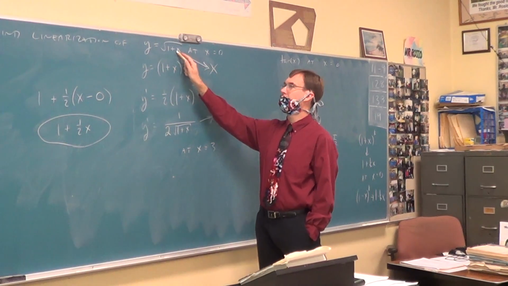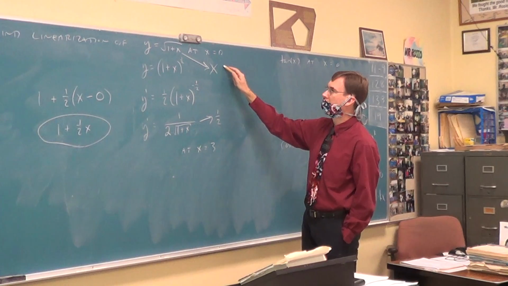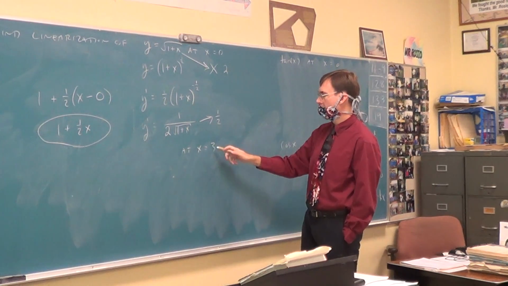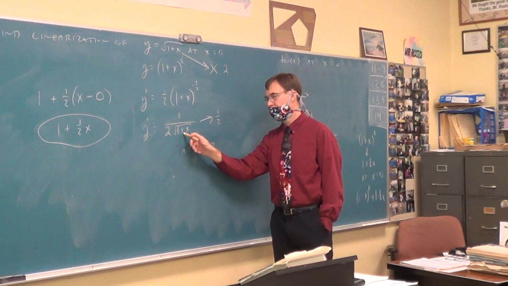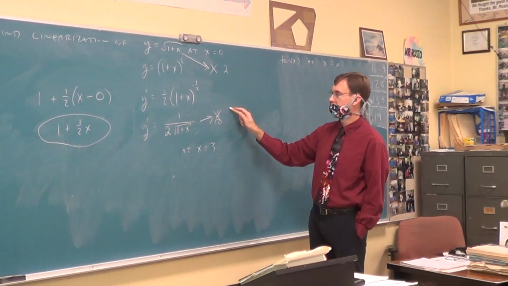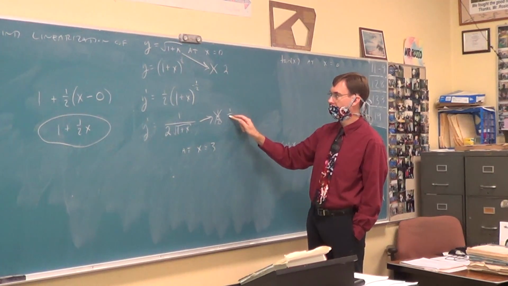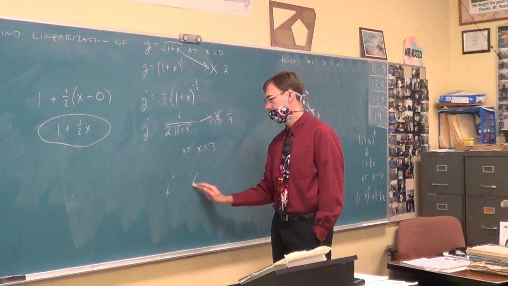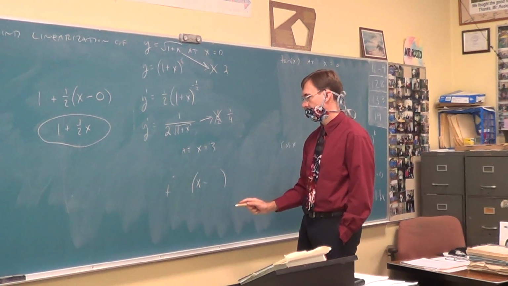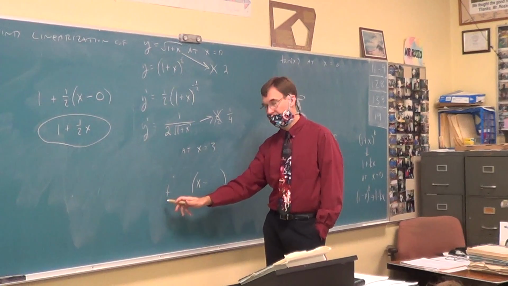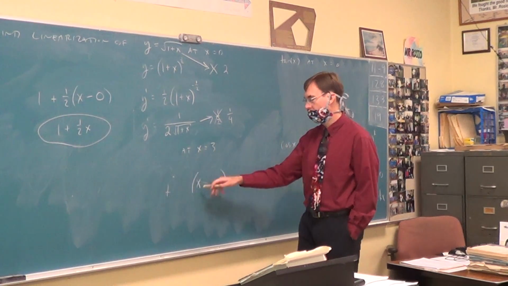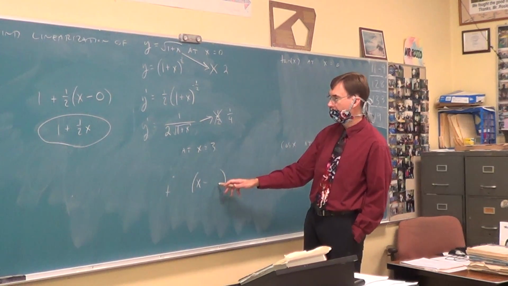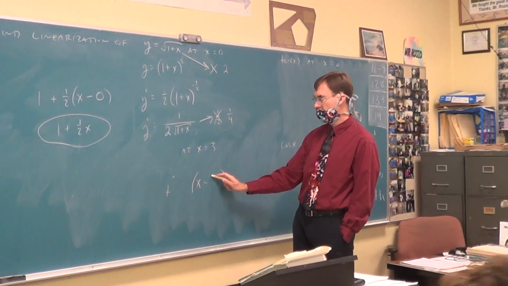So 3 into the original, 2. 3 into this derivative, 1/4. So then when I write the linearization, it's always going to be this plus that, parentheses, x minus something. What number goes here?